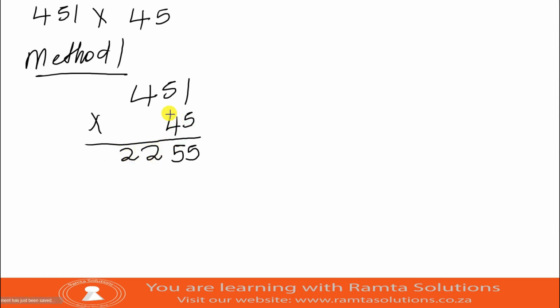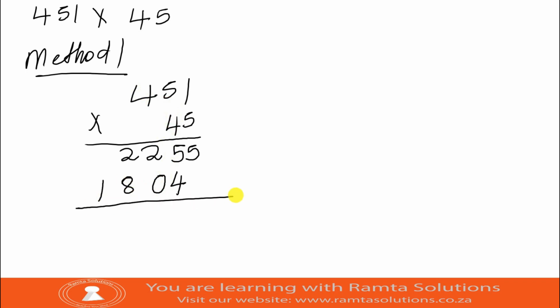Then we proceed to this 4. 4 times 1 is 4. We're going to write it immediately below the second number, so it'll be 4. 4 times 5 is 20, so we write that 0 and carry the 2. 4 times 4 is 16, plus that 2, it'll become 18.